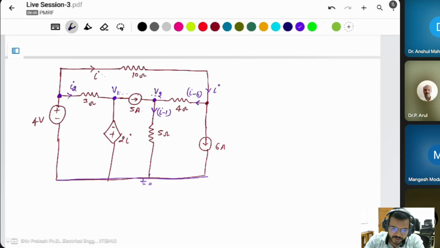I take two equations. First of all, take one loop here, and second, take another loop here.